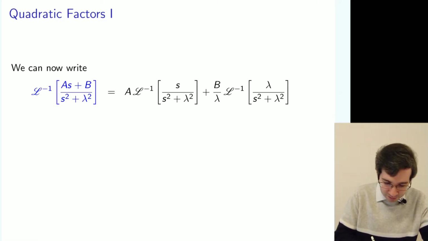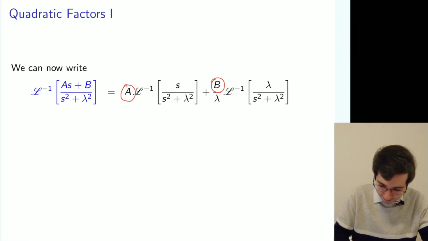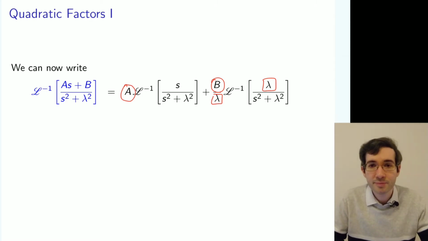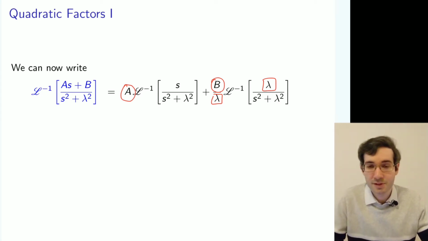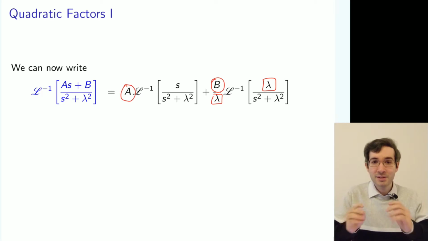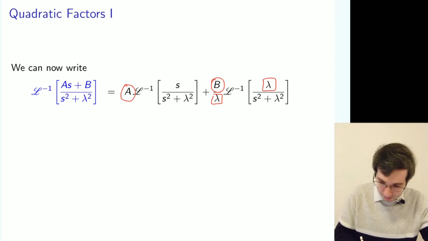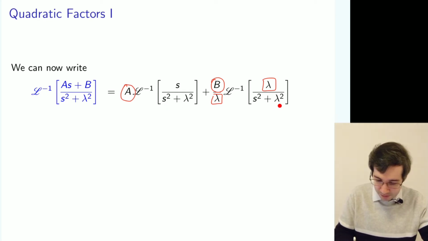So we express the expression as s squared plus square of some number. And then we can split it into fractions, right? Divide first the a over s, then b, and take them outside as constant factors. And also we can multiply and divide by lambda. If you look closely at these two expressions, you might recognize that they are table expressions. Indeed, the first one will produce a cosine and the second will produce a sine.